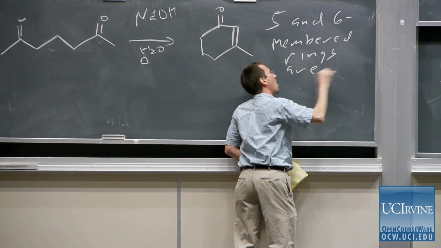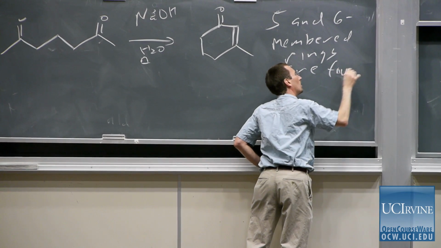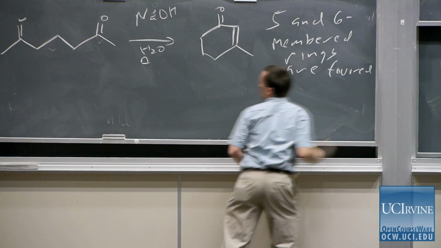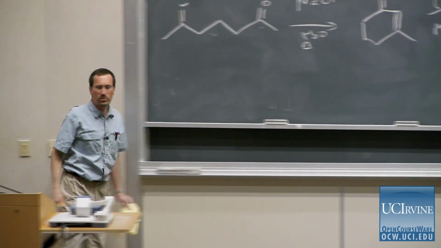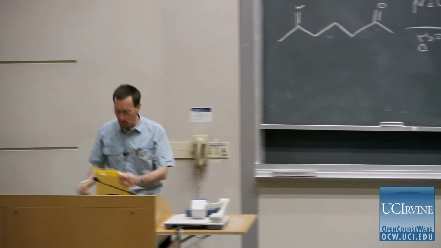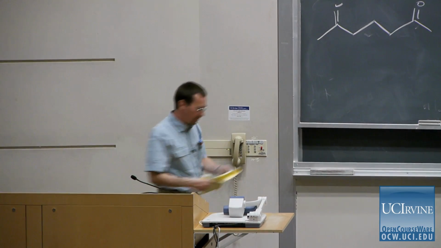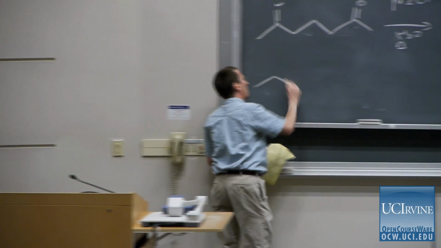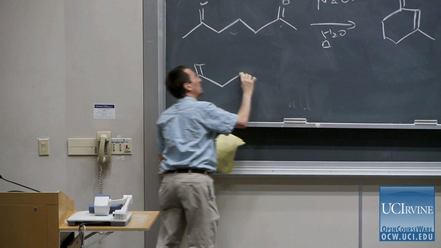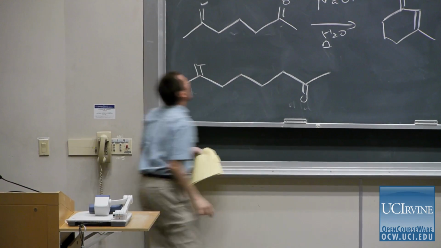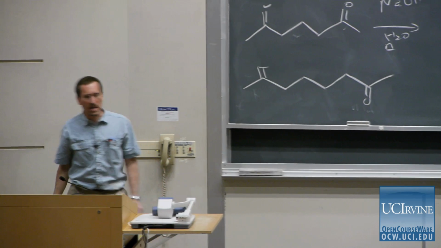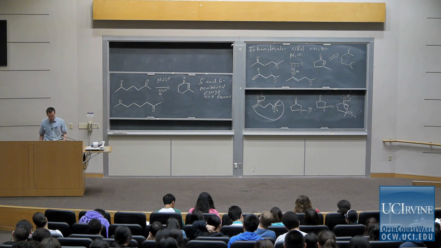Let's say they are favored. In other words, in general, we don't form 4-membered rings. They're too strained. In general, we don't often form 7-membered rings. Try one more example here. So now we've done a 6-carbon chain, 7-carbon chain.